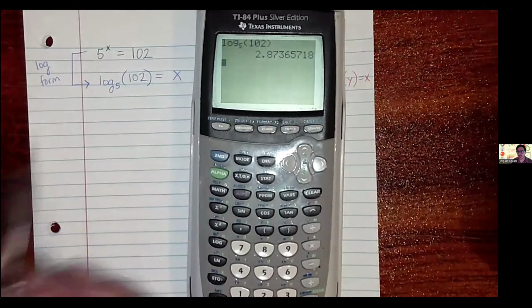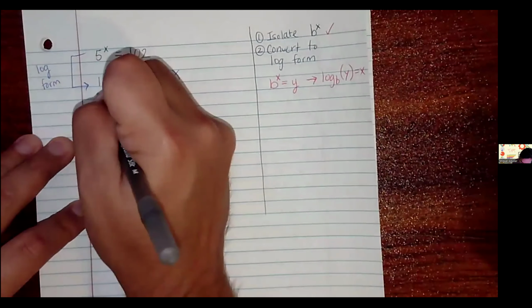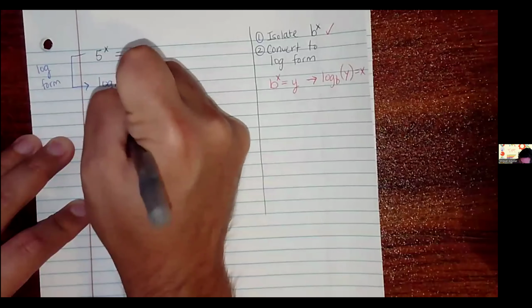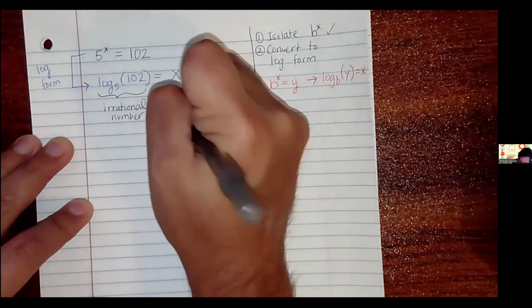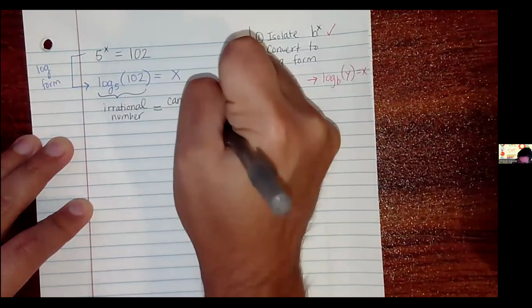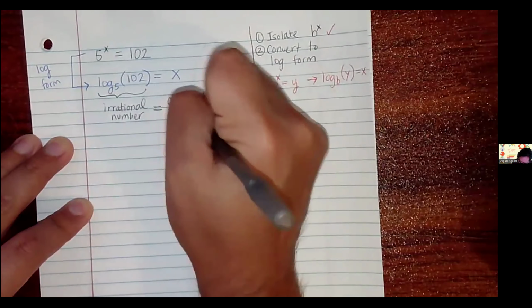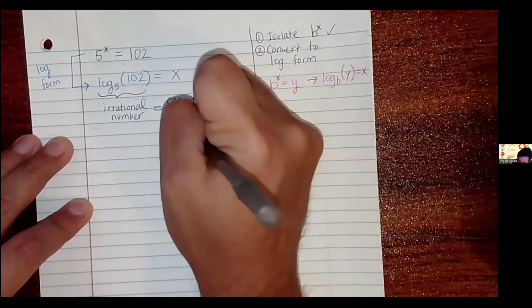And then it's not going to take it. Okay. So this, when you try to evaluate, is an irrational number. And what that means is that it cannot be written as a whole number or a fraction.